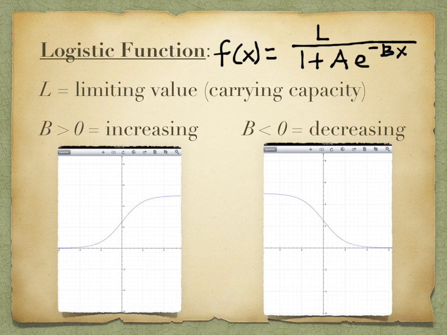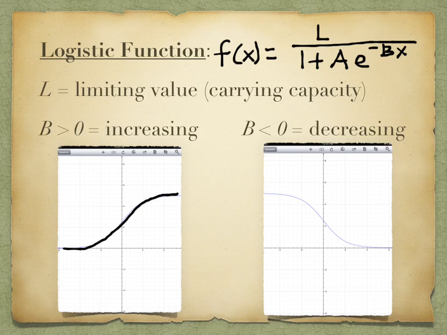If you put a b value that's positive into the equation, what sign will your exponent have? It'll be negative. So when you have a negative exponent, you end up with an increasing curve.